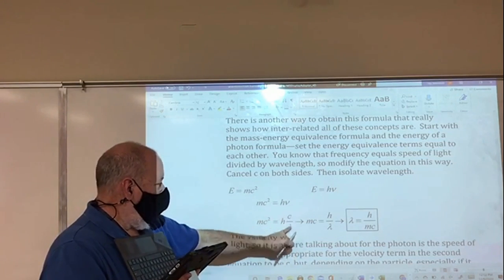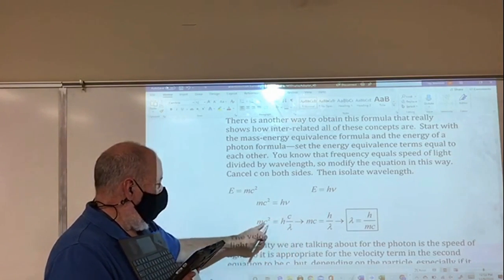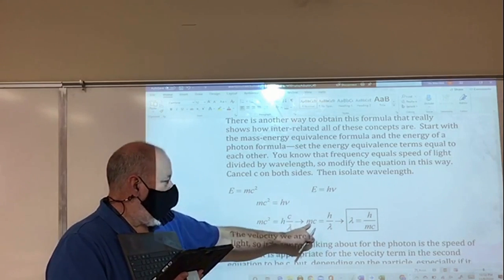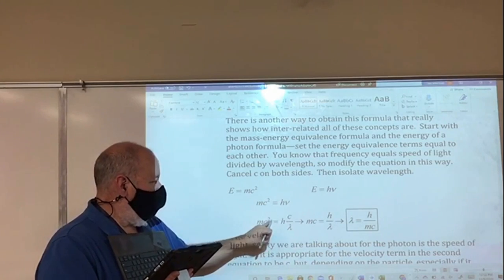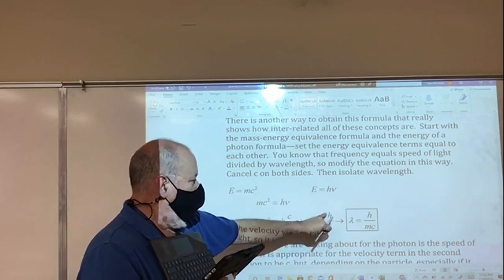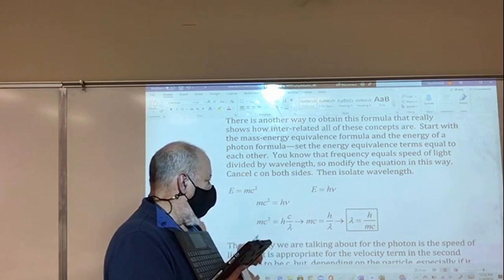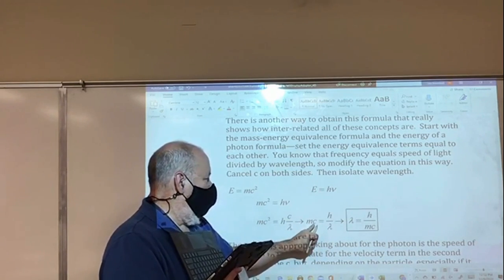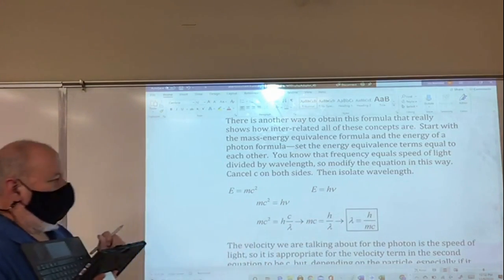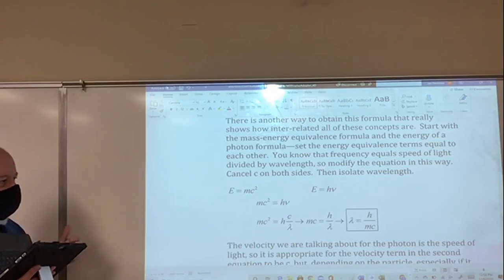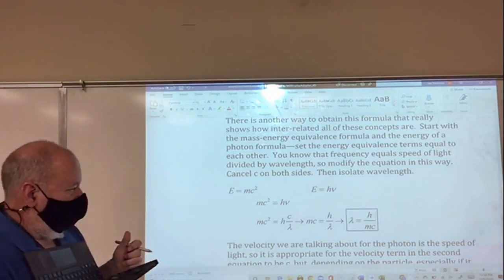And if I've got both of these on the same side of the equation, the c is going to drop out of both sides, and now that just gives me mc equals Planck's constant over wavelength, or I have wavelength equals Planck's constant over mass times velocity.